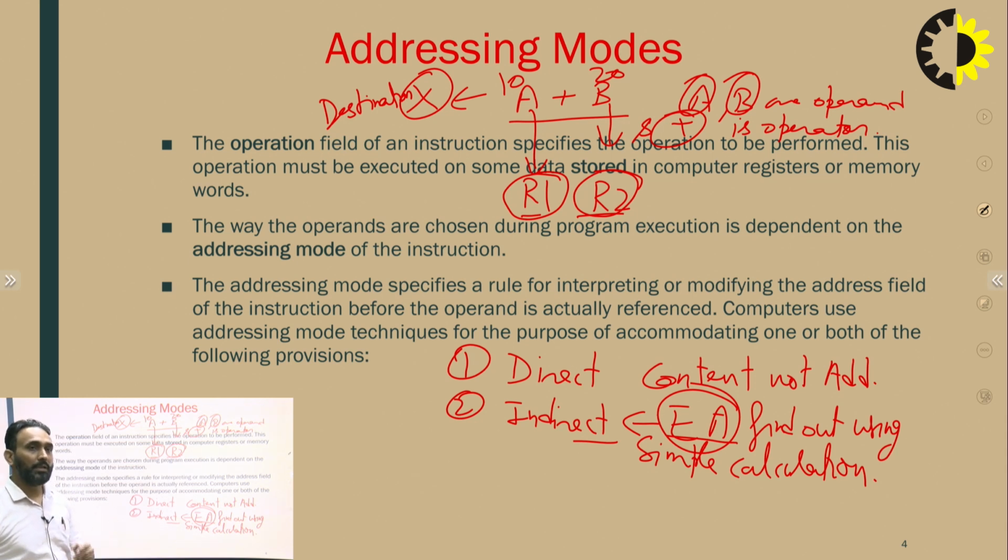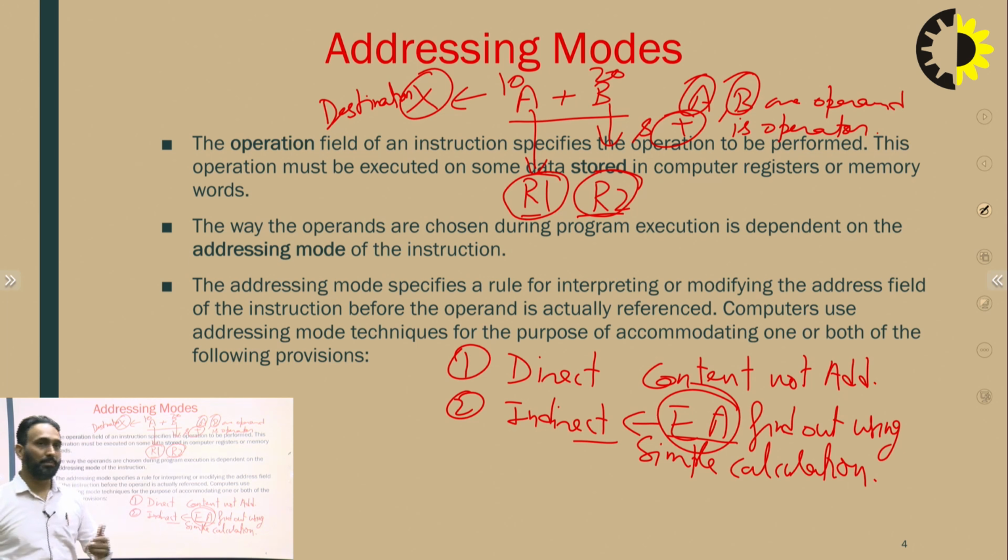For example, there are two methods to call a person. One is directly, like if I call Ram, come to my cabin, that is the direct calling. And if I tell a third person to inform Ram that he should come to my cabin at 12 o'clock, that is the indirect method.